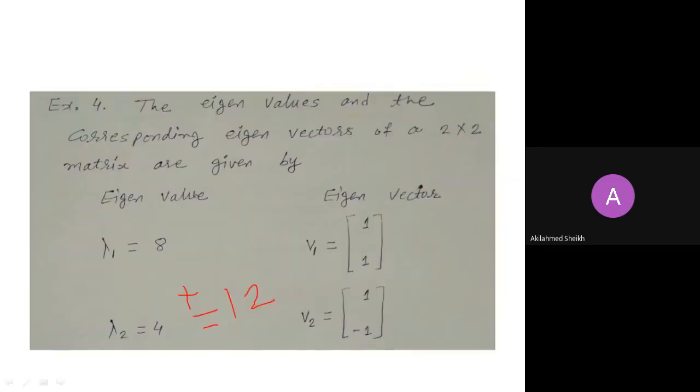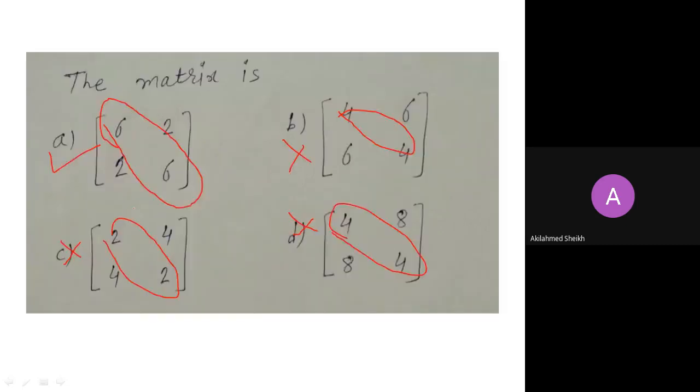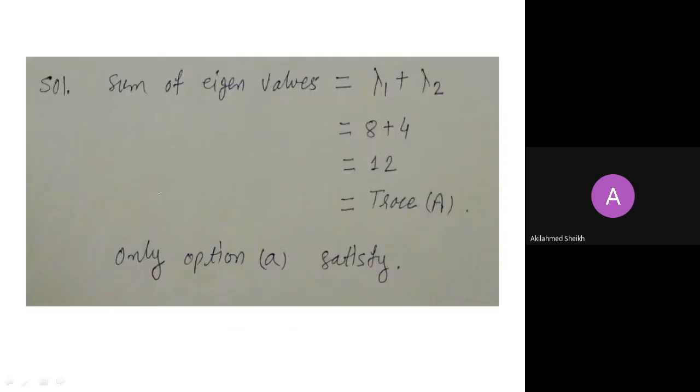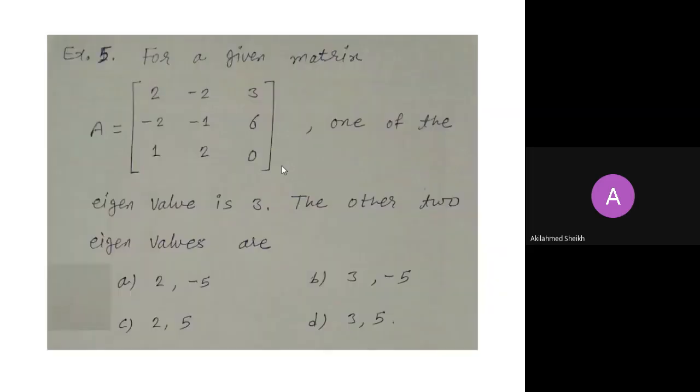In this example, there is no use of these eigenvectors. We just find the sum of eigenvalues. This explanation: sum of eigenvalues, that is lambda 1 plus lambda 2 equals 8 plus 4, which is 12, which is equal to trace of A. Means option A is correct.